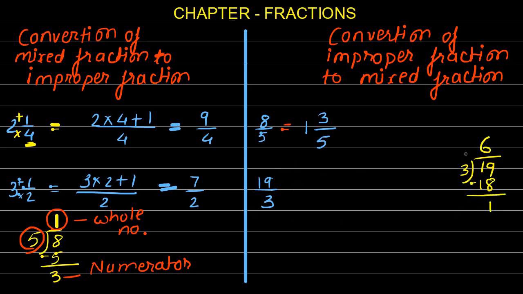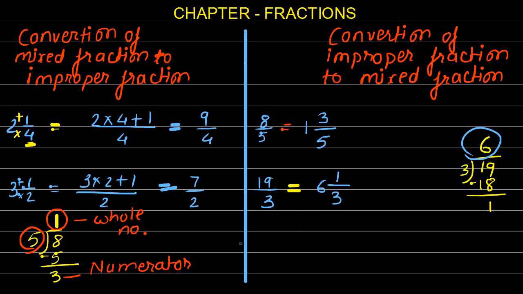So as I said, our whole number is our quotient, that is 6. And our fractional part, the numerator, is your remainder. The remainder is 1, and your denominator remains the same, that is 3.